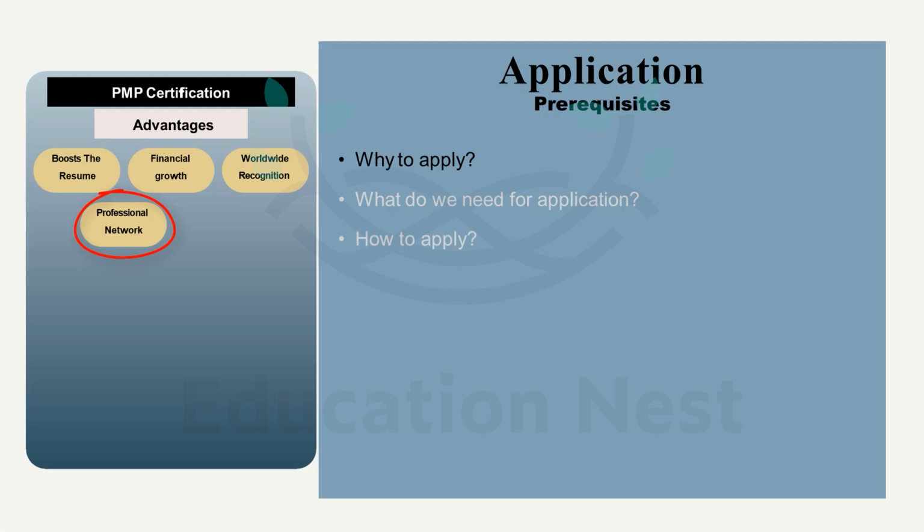Sometimes they also give knowledge sharing sessions, which the new candidates who are appearing for this PMP exam use as contact hours. So you will get a chance to be part of these meetings if you are a PMI member. Not all PMPs are PMI members for sure, but I'll try to explain why taking the PMI membership makes more sense if you are opting for a PMP. I'll talk about this later on.